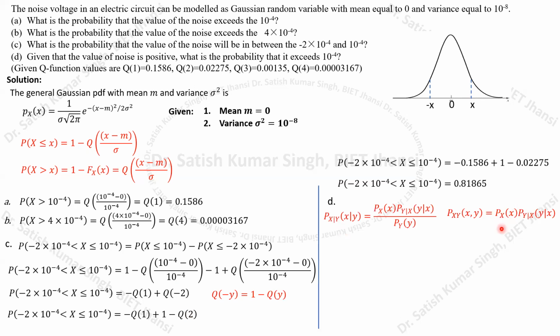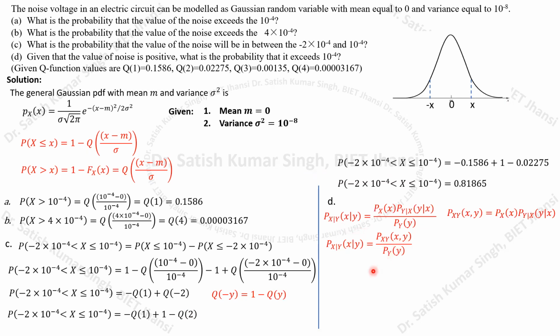So this is the equation for your joint probability. Normally, we can replace this right hand side by this joint probability, so this conditional probability can also be modified, and we can rewrite this expression in the form of conditional probability, right? So P(X given Y) can be written as P(X,Y) divided by P(Y).